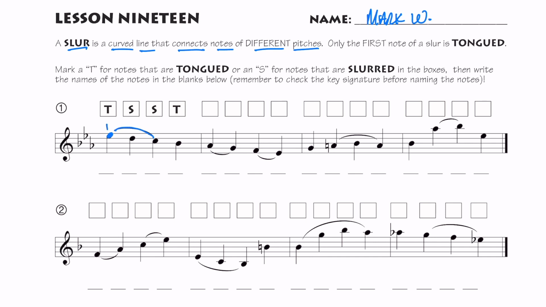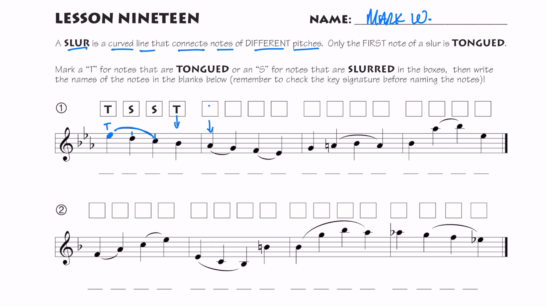So I'm going to tongue this note. This is under the slur, and this is part of the slur. So if I was on a wind instrument, I would say ta, ah. Ah would just mean that I'm pushing my air through the instrument and then changing notes on the fingerings. Okay, so the last note is not under the slur, so I would tongue that note.